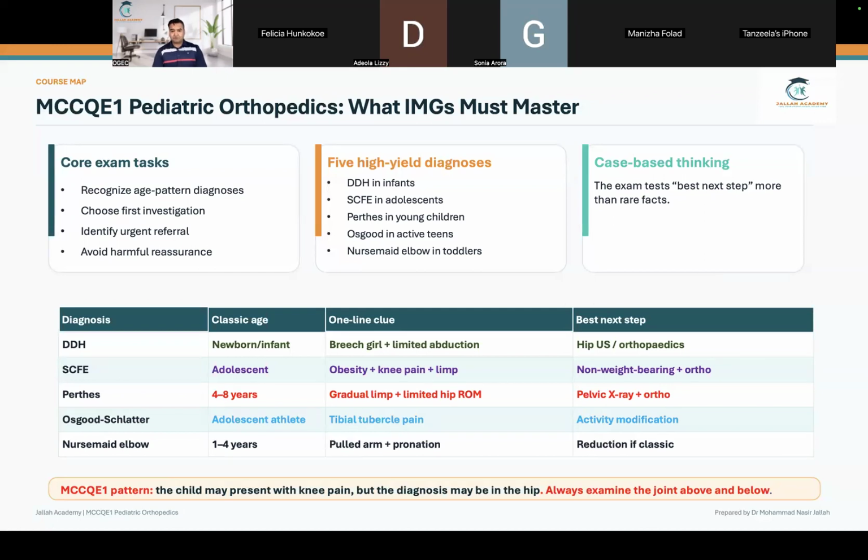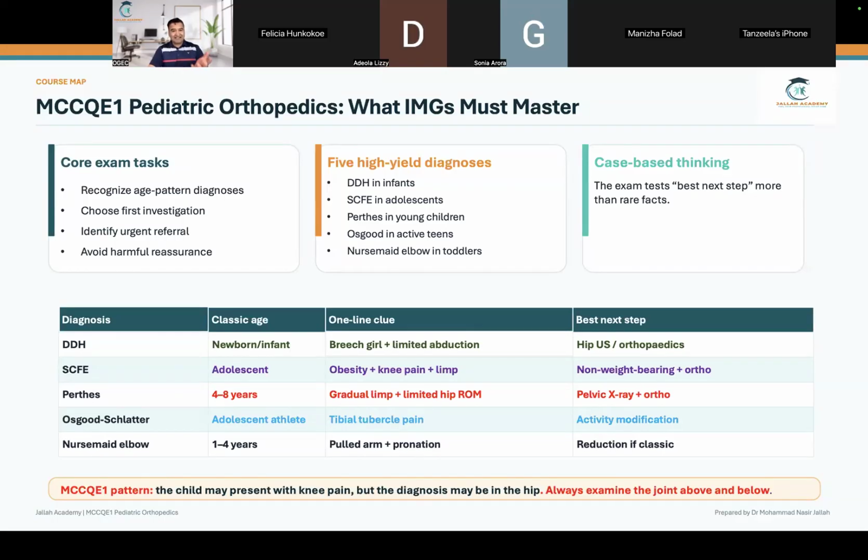So breech, when it comes to developmental dysplasia of the hip, usually I made a mnemonic. I will go one by one and cover every single one of them. I made a mnemonic that helps you a lot to know everything about the hips and to recognize it, pinpoint it and diagnose it, and based on that, act on investigation and the treatment.